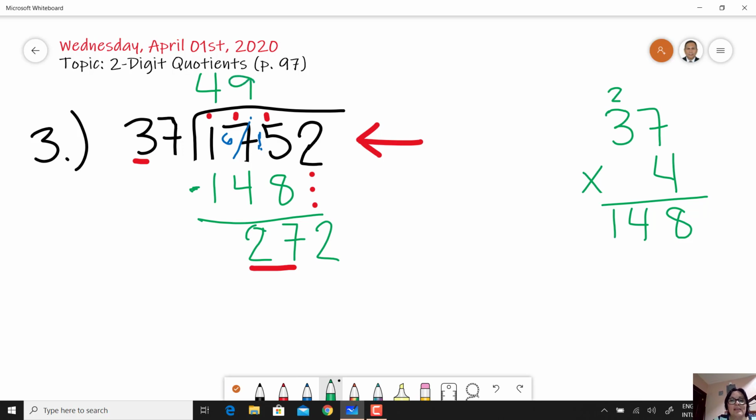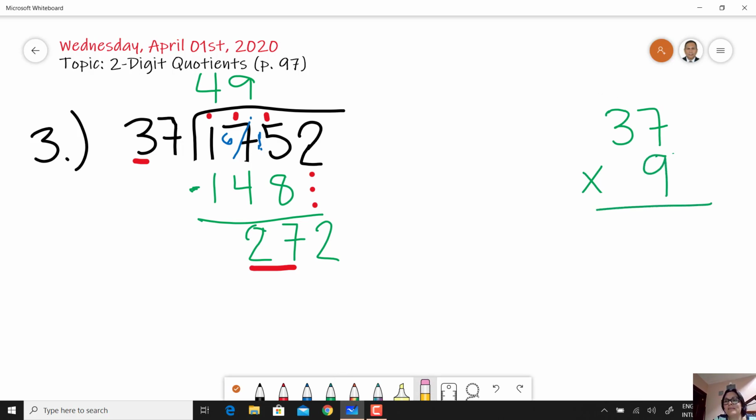So we can use 9 in there. So that means that we have to multiply 9 times 37. So let's do it. 9 times 7, 63, 3 here, and in here 6.